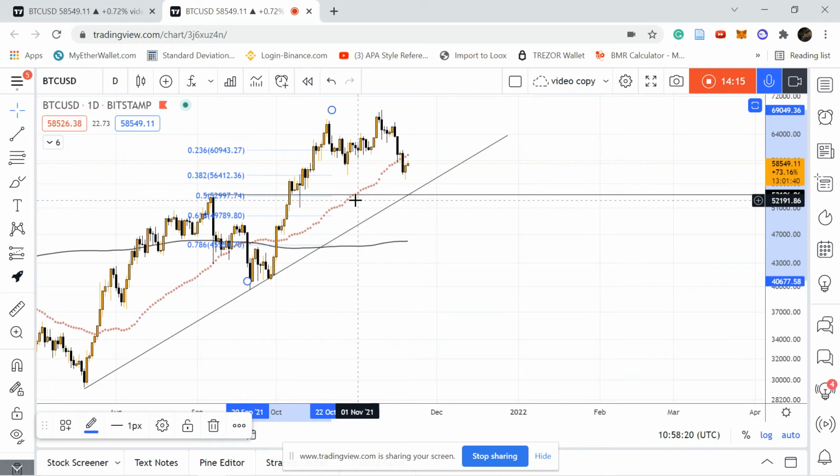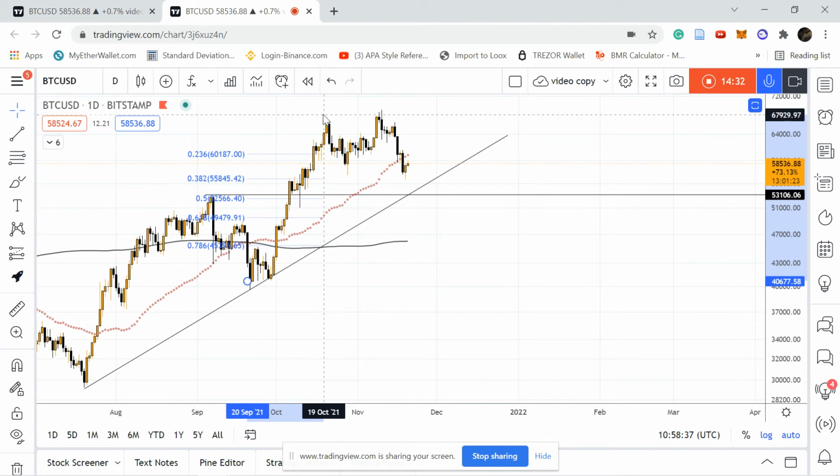So we can expect the price to retrace to maybe 0.5. However, I will explain as we go along why I believe this is not the case.